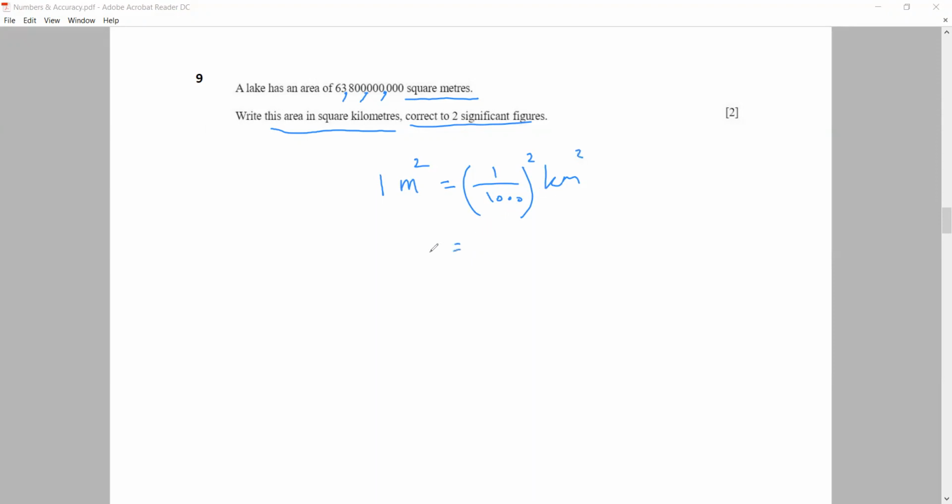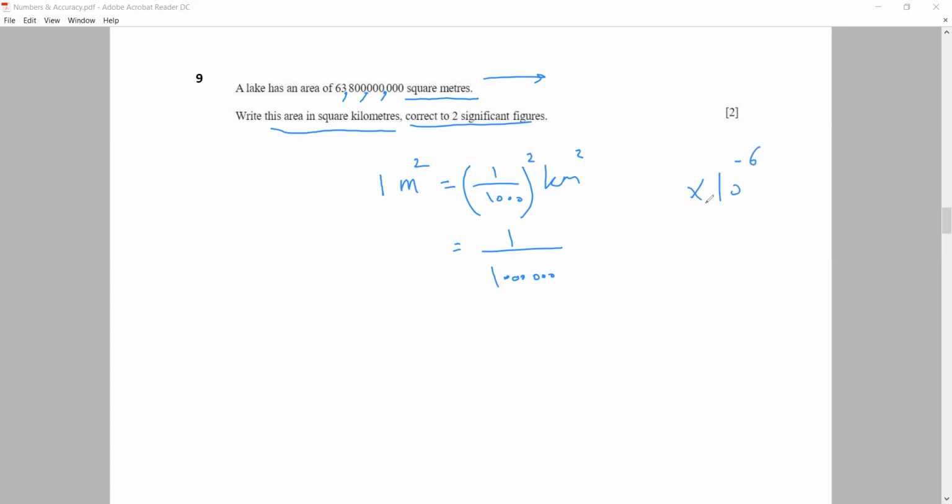So if you want to convert these square meters to square kilometers, basically you have to divide it by 1 million. I could have used exponential notation, but since I haven't reached the chapter of indices, I'm not going to do that. I could have written it as 10 to the power of negative 6.